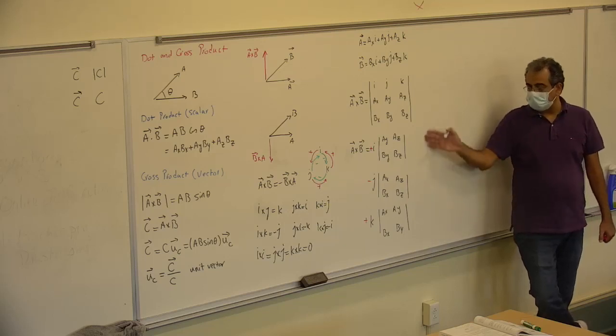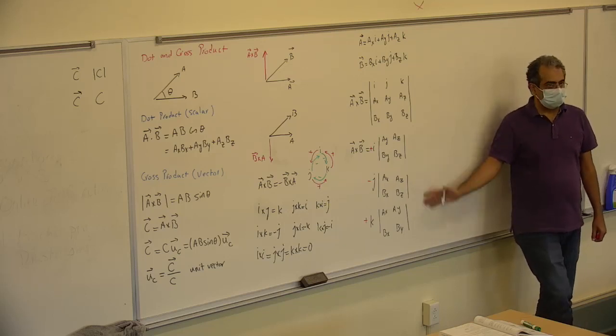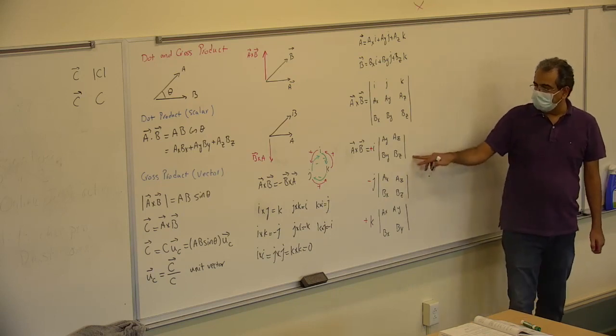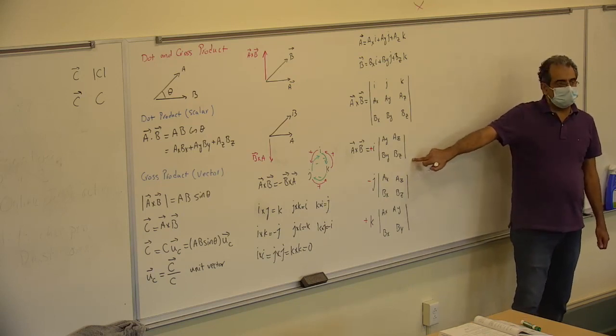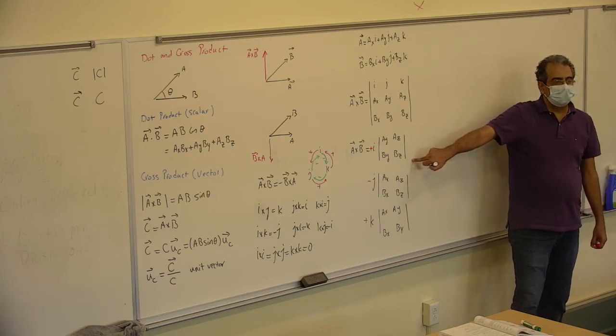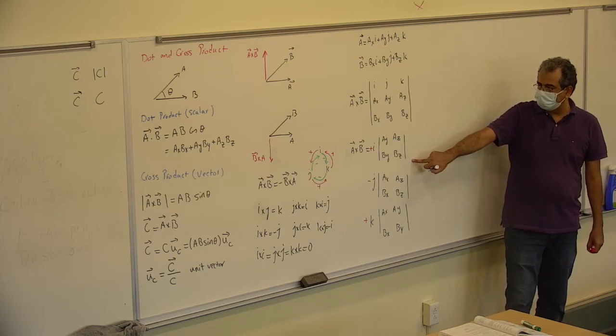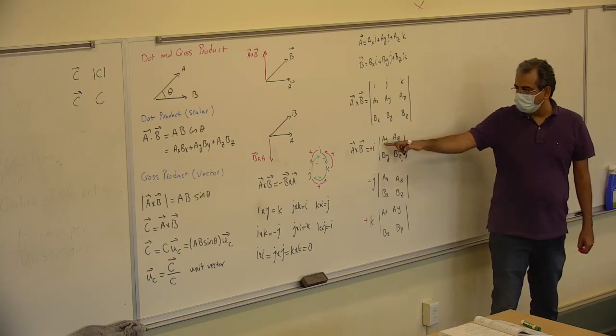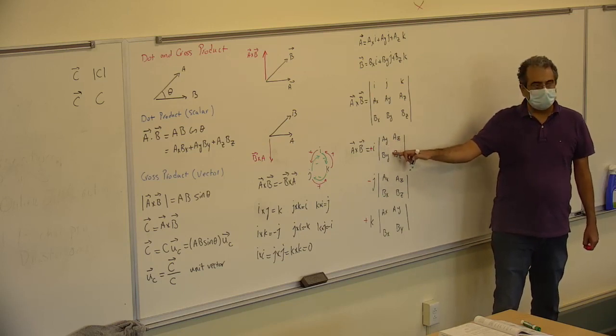We are going to do it by numbers, but you get it up to here. How do you do the 2 by 2 determinant? It's this times this minus this times this.